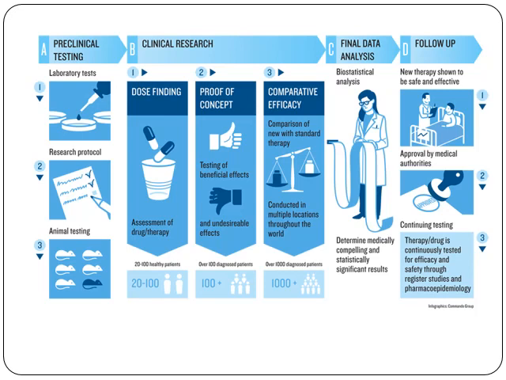We also carry out the final analysis of the research study, where we carry out biostatistical analysis to determine compelling and statistically significant results. We also have the follow-up of the patient, in which we try to understand whether the new therapy given to the patient is safe and effective.